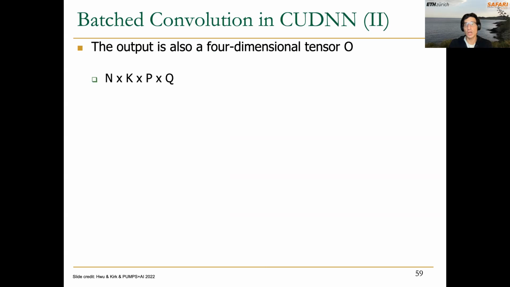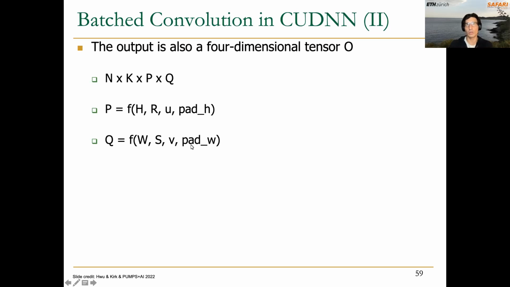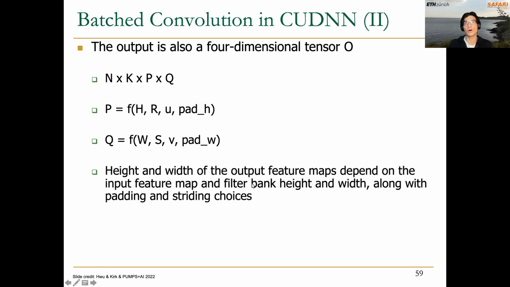But where are these P and Q coming from? Well, P is a function of H, R, U, and the vertical padding that we are using. U is the stride in the vertical dimension, and Q is a function of W, S, V, and padding in the horizontal dimension, the width dimension. So the height and width of the output feature maps depend on the input feature map and filter bank height and width, along with padding and striding choices.